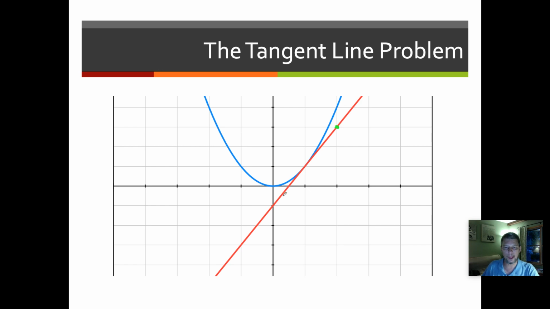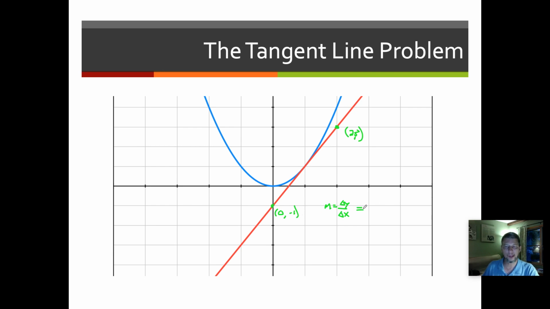This point and, let's say, this point. And remember that the slope of a line is equal to delta y over delta x. Well, this point here is 2, 3, and this point here is 0, -1.